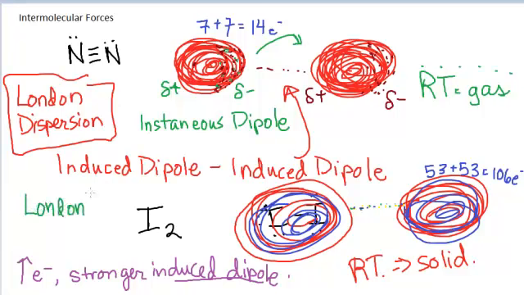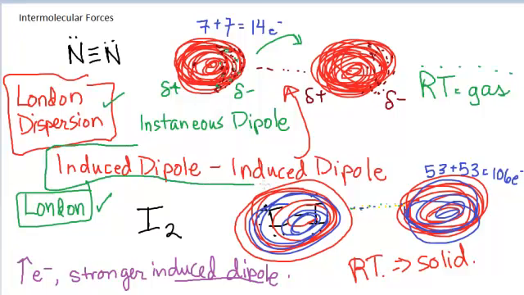So if we are referring to the intermolecular forces of attraction between molecules based on induced dipole moments due to instantaneous dipoles being formed from the electrons in the molecule, we will often refer to them as London forces or London dispersion forces or induced dipole forces. And so you will hear them referred to all of those different ways.